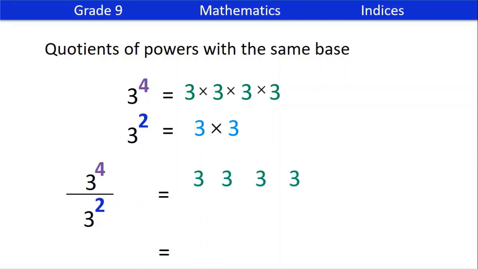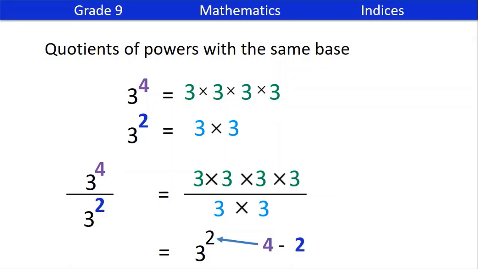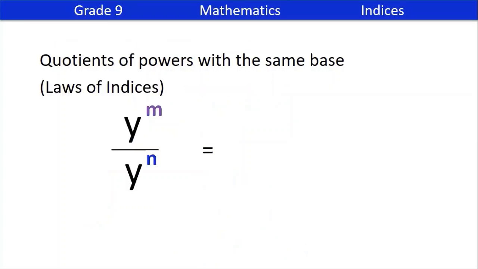By simplifying this, we can have 3 to the power 2 as the answer. So here, guys, we can see in the answer the index is 2, and there is something special about this index 2. That is, this 2 is equal to 4 minus 2, or the difference between the two indices which we divided initially.